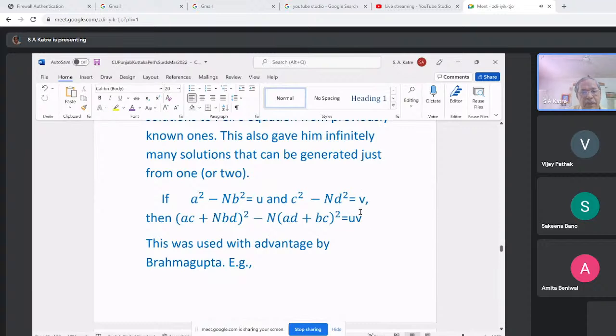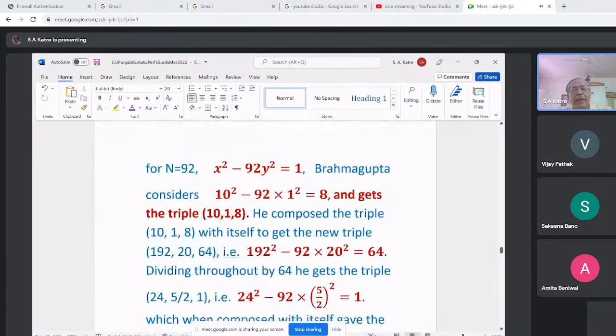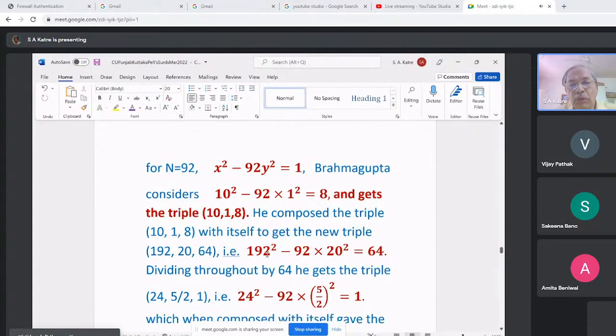Left hand side is x square minus n y square, with x as ac plus nbd and y as ad plus bc. So you compose and get some new equation. Actually, you want to solve the equation when the right hand side is 1. But somehow we try to get more complicated equations, and using them you want to solve the problem.